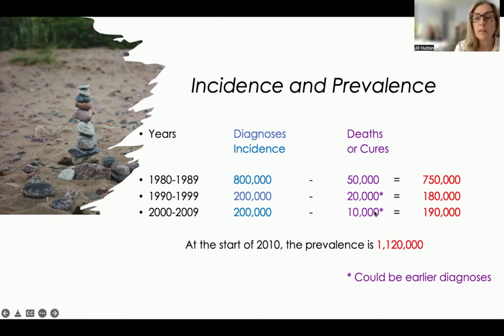We lose 10,000 cases for a net of 190,000 cases. So if we want to know what the prevalence is at the start of 2010, it is 1,120,000 cases, and we get this by adding up all of these.